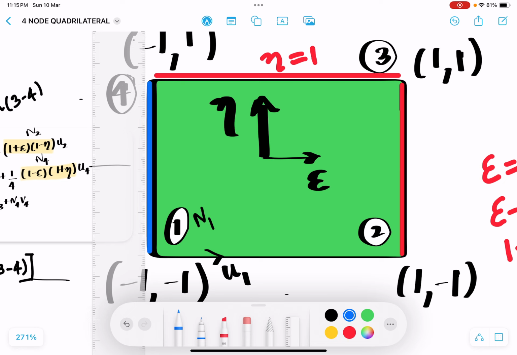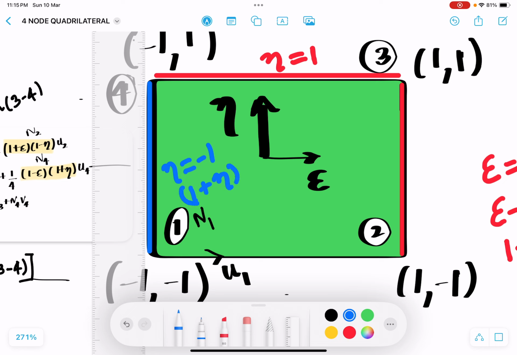So what is the equation of that line? The equation of that line is eta is always equal to minus 1. So I can say eta is equal to minus 1, or I can say 1 plus eta is equal to 0. So the equation of the line is 1 plus eta.